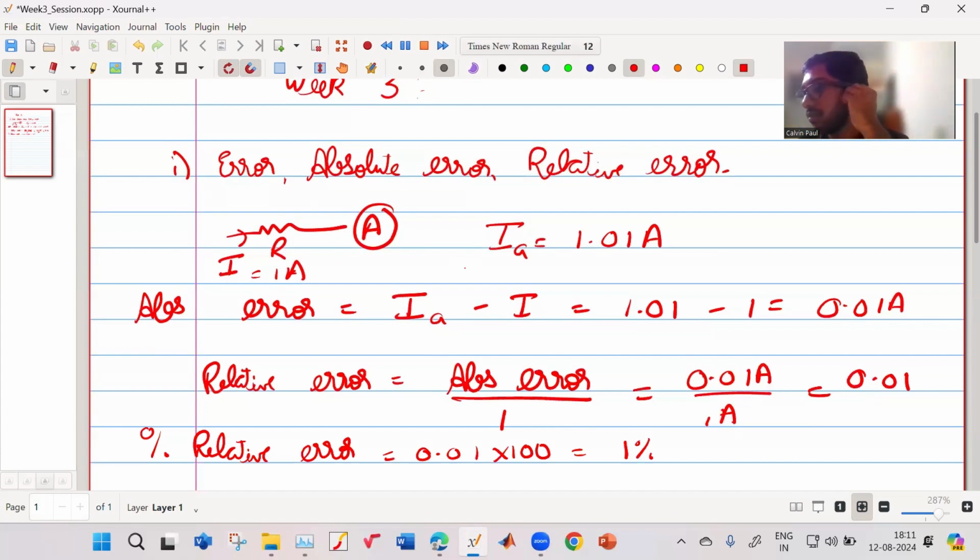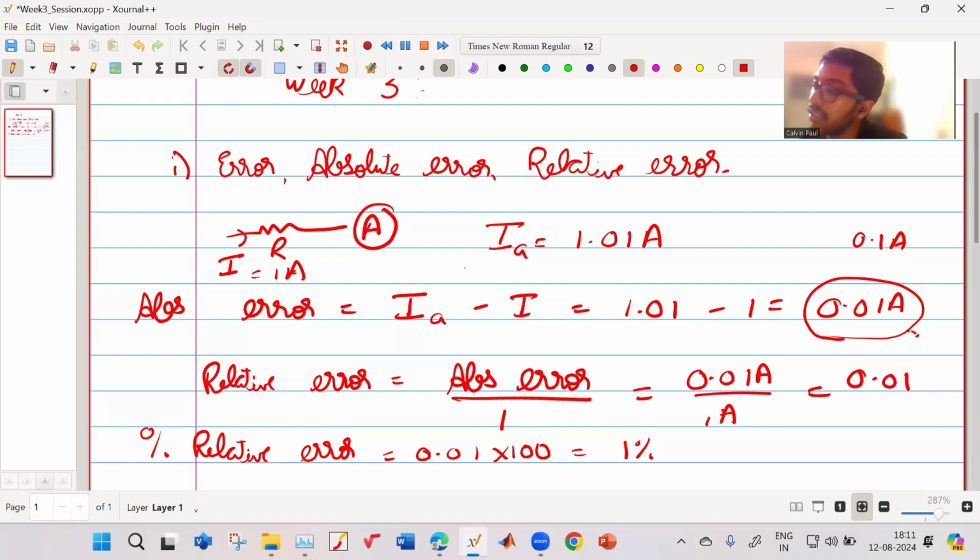So why is the relative error important? In this case, 0.01 ampere is the error. And this error might be negligible when we are measuring 30 ampere, 40 ampere, or very large currents. But say if you are measuring 0.1 ampere and you are getting an error of 0.01 ampere, then it is very large.